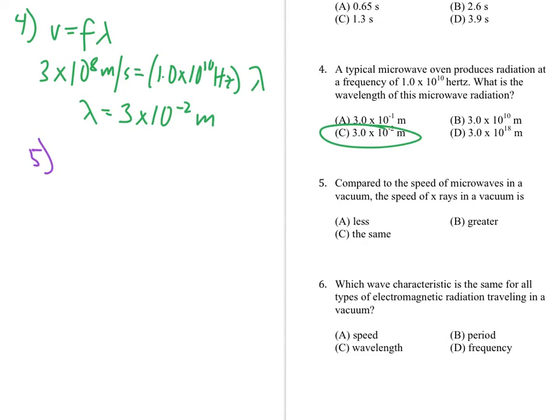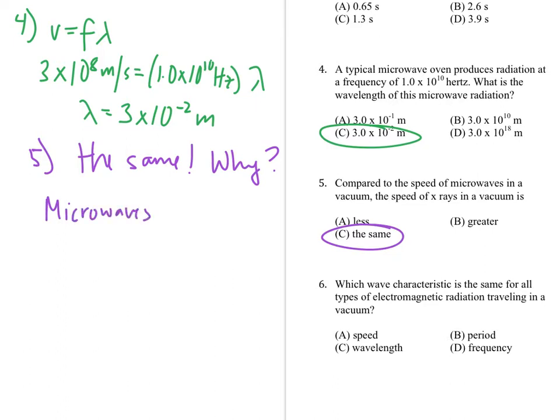Compared to the speed of microwaves in a vacuum, the speed of X-rays in a vacuum is... This is a trick question, guys. They're the same. But why? Alright. So microwaves and X-rays, they're both part of the E&M spectrum.